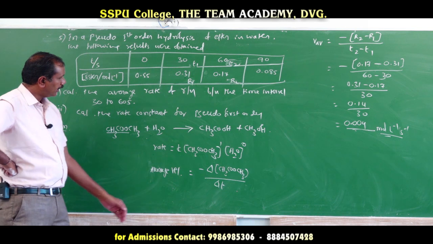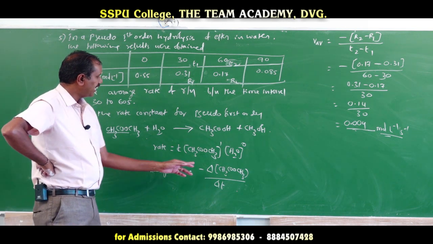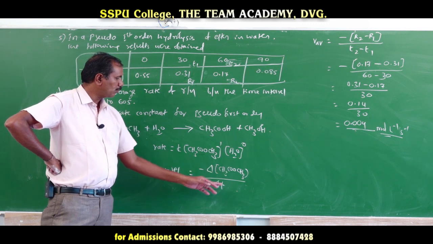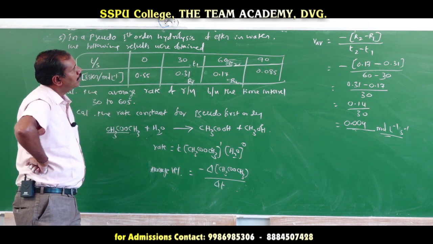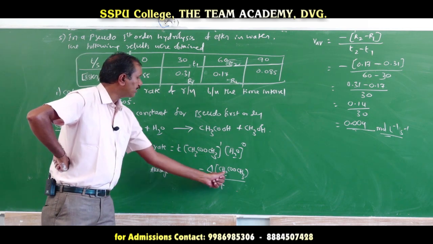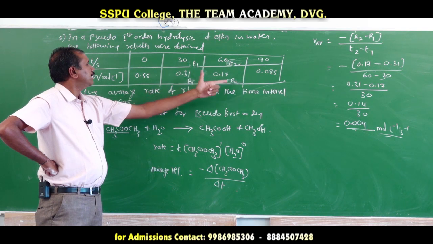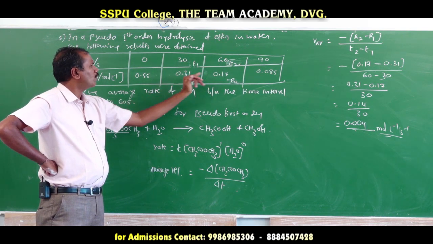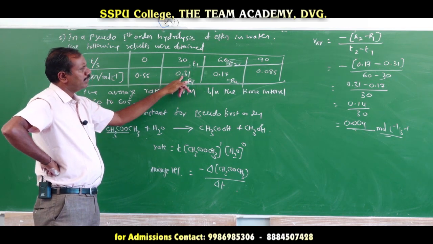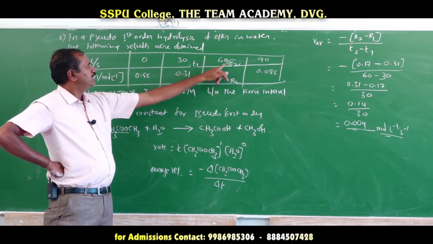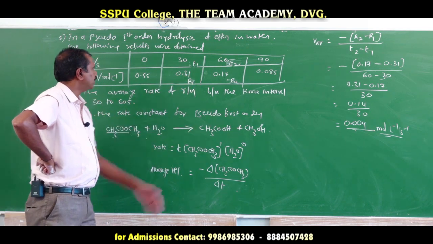The average velocity equals minus delta CH3COOCH3 by delta T. Delta means the changing concentration of methyl acetate between these two time intervals, 30 to 60. It is R2 minus R1, R2 is 0.17, R1 is 0.31, divided by T2 minus T1, 60 minus 30. Finally we can get that answer.